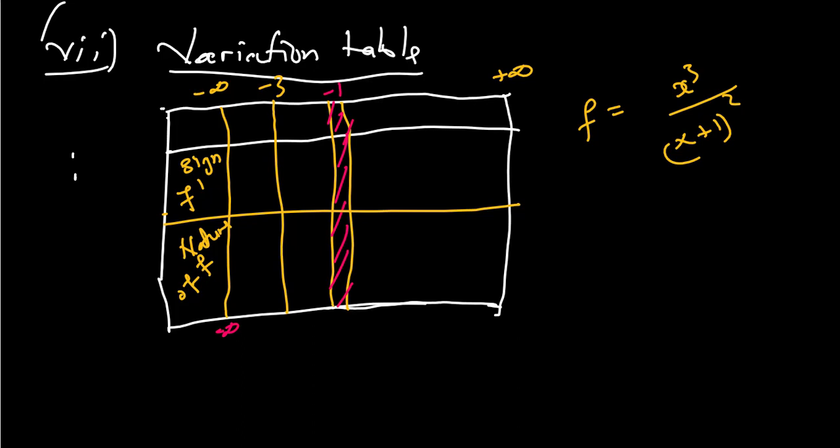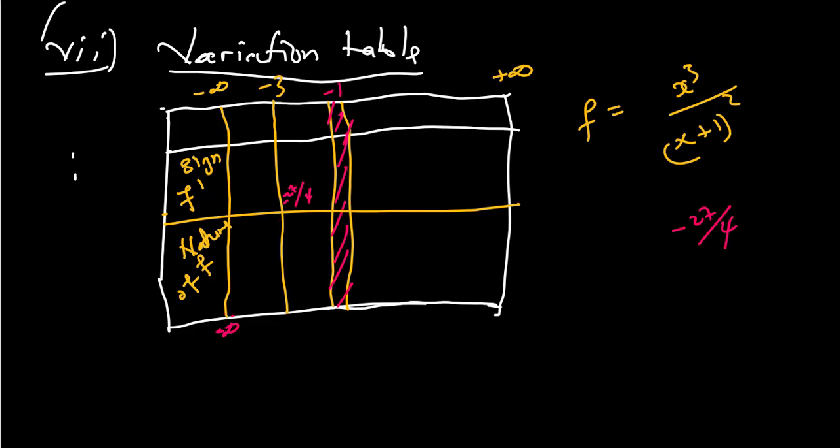Then at -3 itself you substitute: -3 cubed is -27, divided by 4, that is -27/4. So we clearly see that there is an increase, so it means it is increasing.